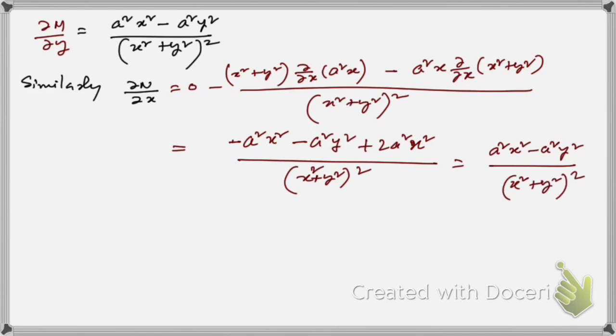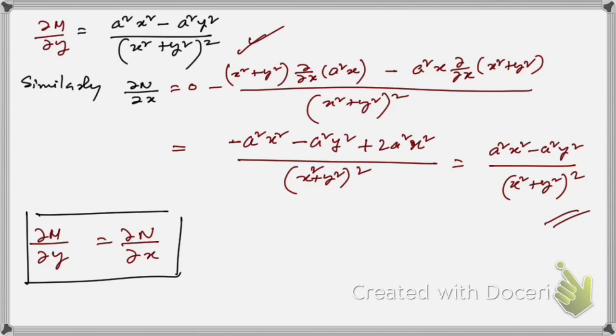If you compare these two results, we have got that these two are equal, right? If these two are equal, then what is the rule that we're going to follow to solve this? If this condition is satisfied, then we're going to integrate m with respect to x, keeping y constant.